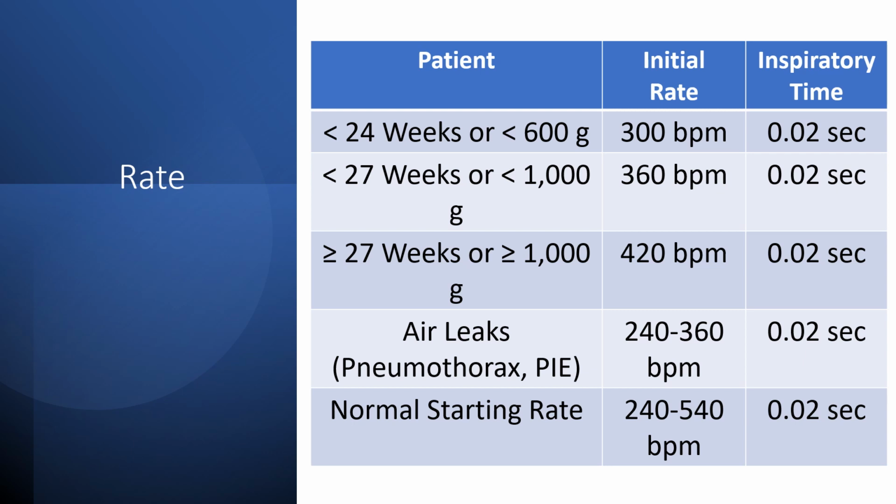Patients with air leaks are ventilated with lower rates, ranging from 240 to 360. Higher rates of 420 to 540 are used to decrease carbon dioxide levels when the patient remains hypercarbic despite increases to PIP without evidence of air trapping.